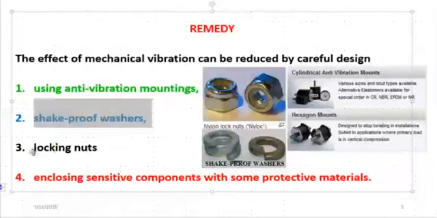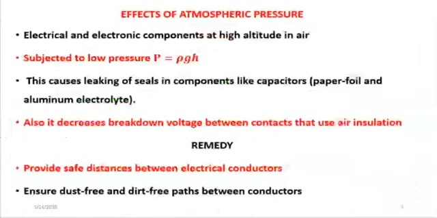The next thing is the locking nuts, and you can see the diagrams here. These nuts are made in such a way that the moment they are tied, they lock themselves in place so that no vibration will make them loose. So this is just a revision of what we have already seen before.